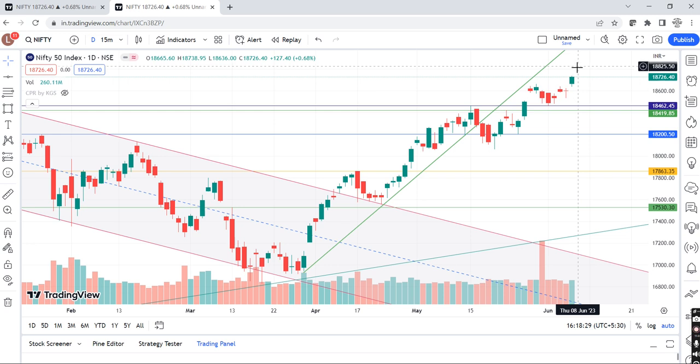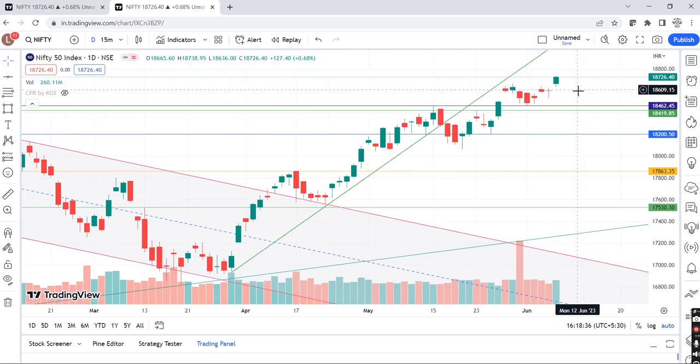No shorting even if it is gap up, no shorting if it is flat. What if it opens gap down now? If it opens gap down, I think the probability is less, but even if it opens gap down, any gap down closer to 18,600 with a positive price action, I'm interested in buying. My price action towards shorting will only shift if 18,460 is broken, right?